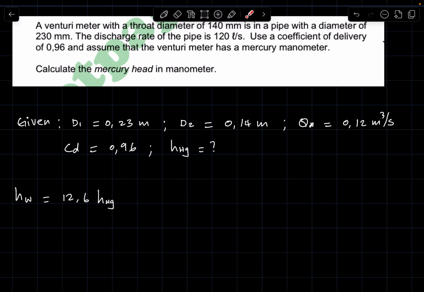Hence, you'll have to express one of the velocities in terms of the other, and then substitute it into Bernoulli's equation. For instance, say in using the continuity equation, you decide to express V1 in terms of V2. So in Bernoulli's equation, for your kinetic energy, V1 will be expressed in terms of V2.